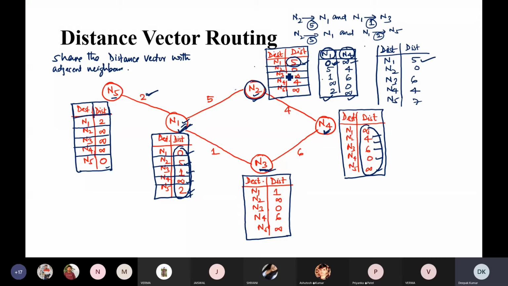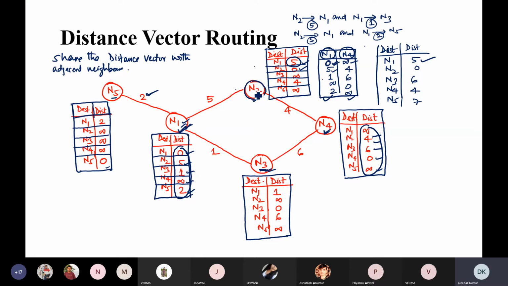Now again for N2, it has information 0 and it has 5. It means N2 knows that the distance of N2 with N2 itself is 0. And the information received from N1 is 5, meaning N1 is saying that it can take you to N2 with a cost of 5.